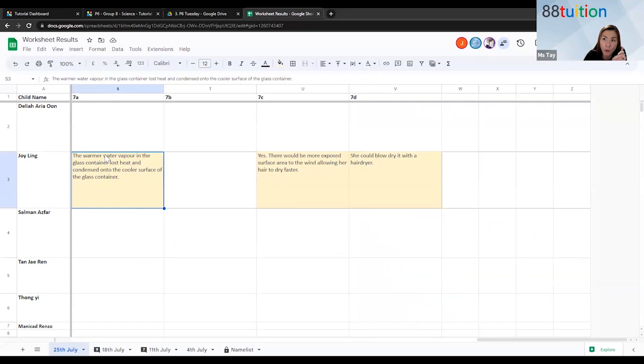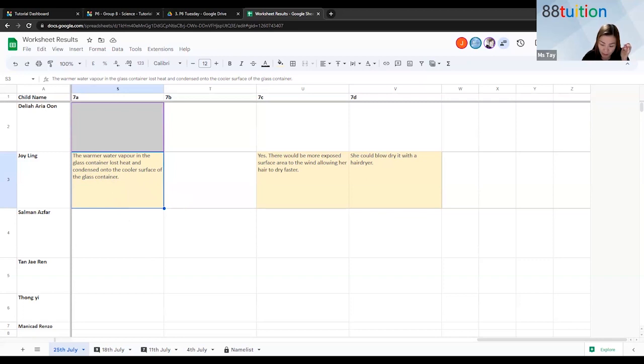I was looking at the warmer water vapor, and the warmer water vapor is inside the glass container, correct? She's not wrong. Then she talked about this water vapor losing heat and condensing onto the cooler surface of the glass container. It's fine. So you write this way, Joy, I accept it.